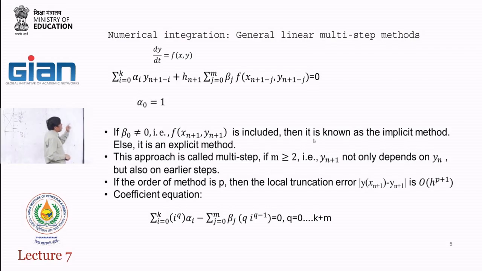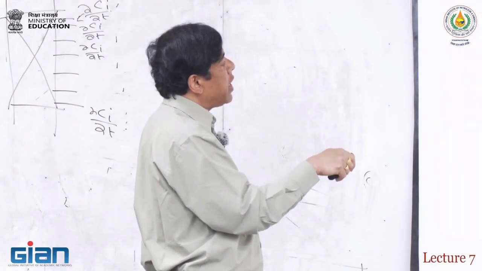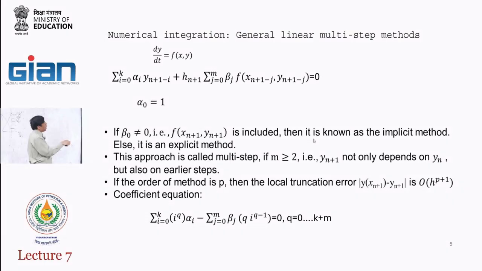Now note that if I consider beta 0 not equal to 0, that basically means that I am keeping the 0 term over here. So we will have f of x n plus 1, y n plus 1. That means y n plus 1 depends on f of x n plus 1 and y n plus 1, right? So ensure that this is getting clear as it is written.